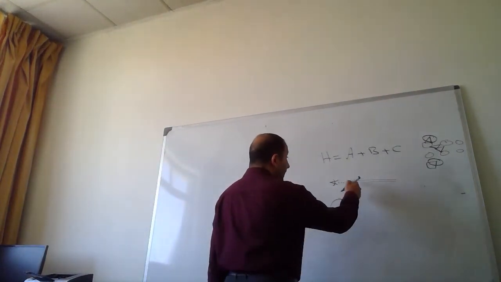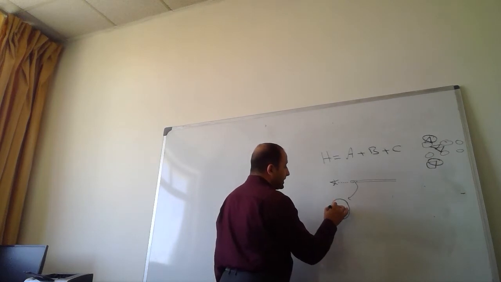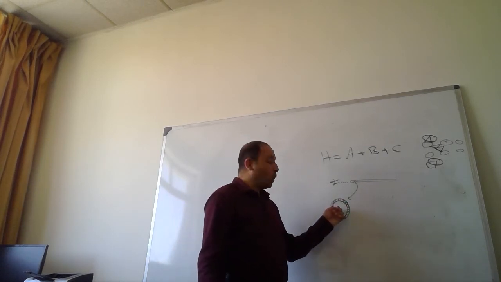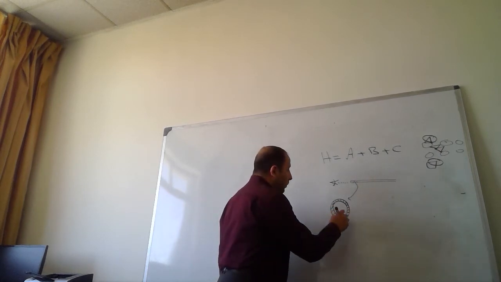Then, instead of particles, you can add silica as a layer. And this is the hollow part of the column, which allows the mobile phase to go through.